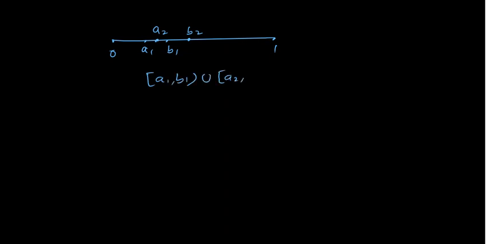So suppose we have the interval 0 1, and we have the subsets A1 B1, and suppose A1 B1 and A2 B2 intersect with each other. Assume that. Then what can you say about this union A1 B1 union A2 B2? This will be A1 B2. So we can write this union as a single set A1 B2, which is again a subset of interval 0 1.